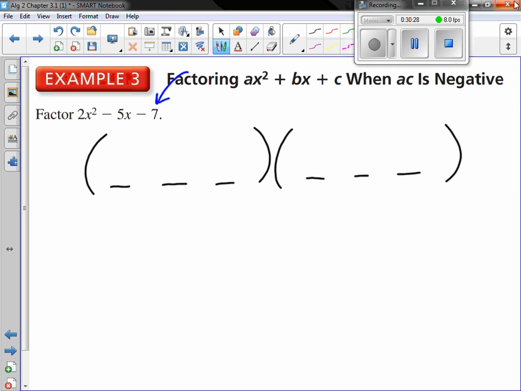Since the constant term is negative, the signs are opposite. Doesn't matter which. I'm just making one positive, one negative. Now, if you wrote down a negative and a positive, that's fine. It'll just be a little bit different than what we're going to do here. It doesn't matter the order, as long as we have one of each.